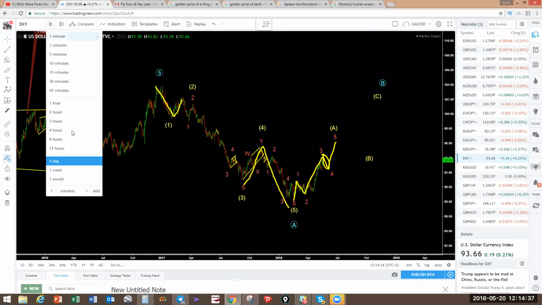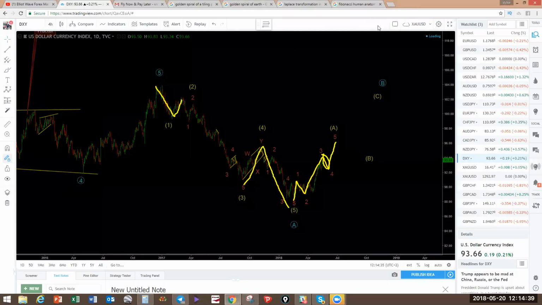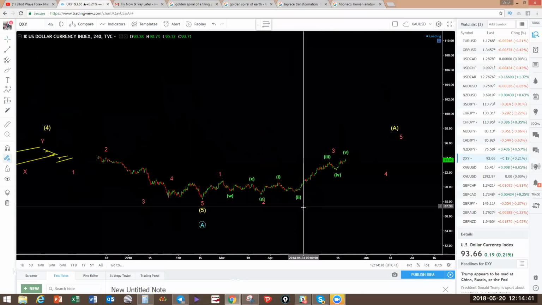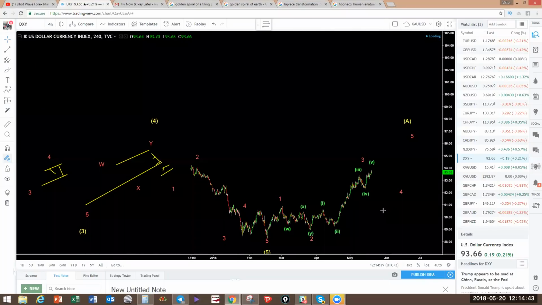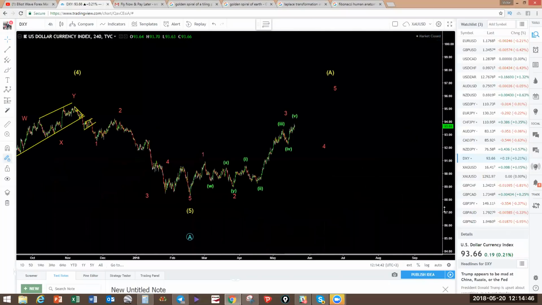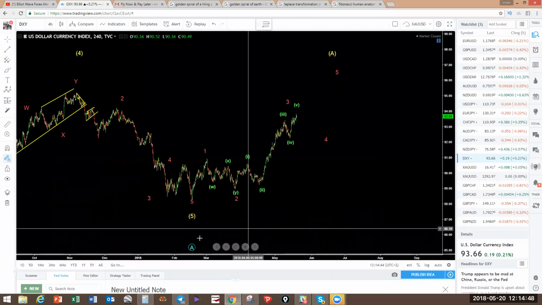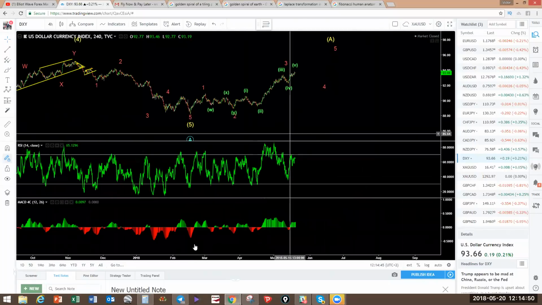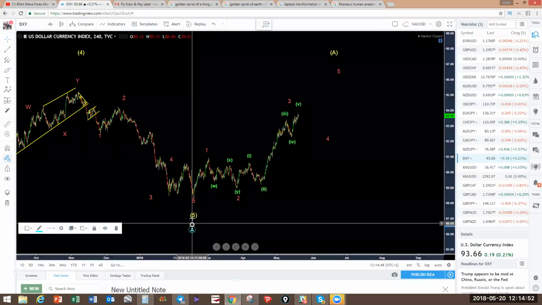Let's go to the 4 hour and focus on this swing. Going to the lower time frame is basically just zooming in, and there's more detail on the labeling.